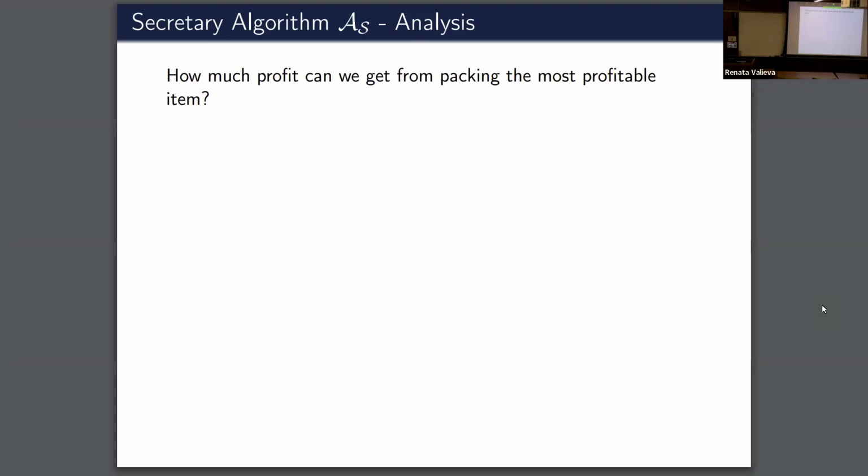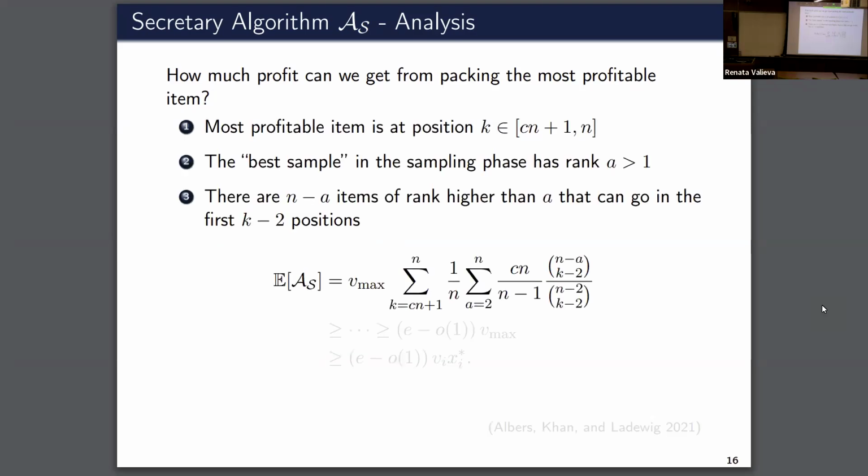The proof is more combinatorics, more counting. And we model it as follows. Think of the most profitable item being at a position K that is in the packing phase, between Cn plus 1 and N. Second, the best sample is some item that has rank greater than our most profitable item, say A. This A is at least 2, but it can also be 3, 4.